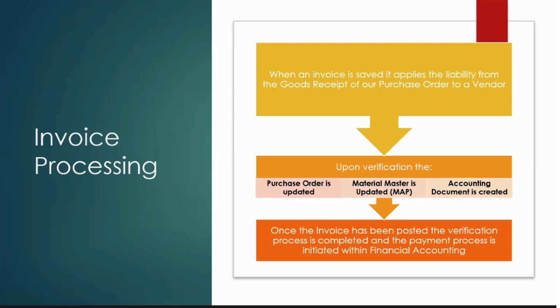Because sometimes we want to create an average price. So every time that you receive an invoice with the price of the material, maybe you need to have an average price of the computer, and an accounting document is created to update the accounting.